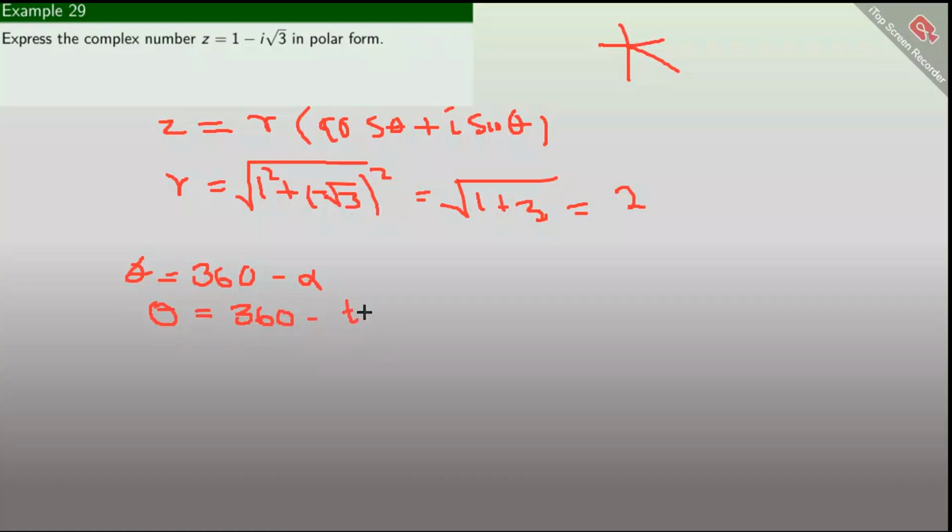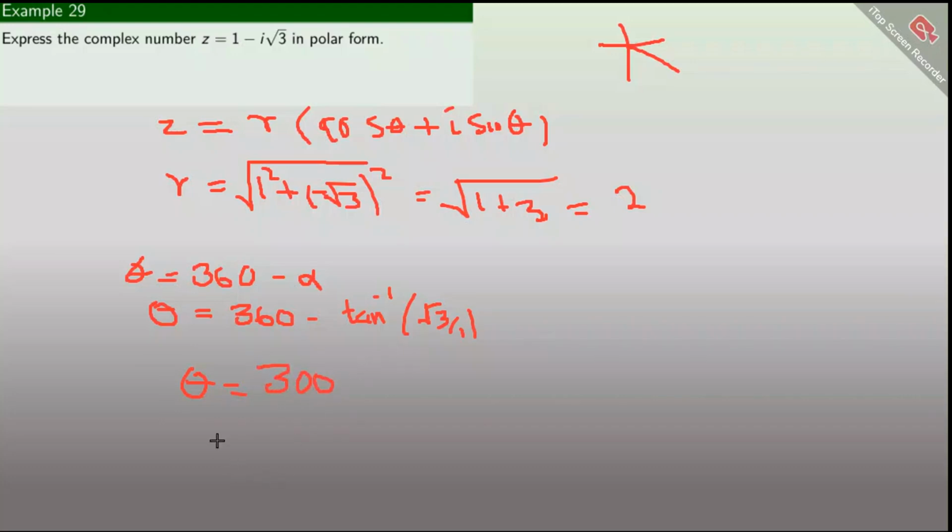So we have tan inverse of the root of 3 divided by 1. And I know that tan inverse root of 3 is 60. So I'll end up getting 300.